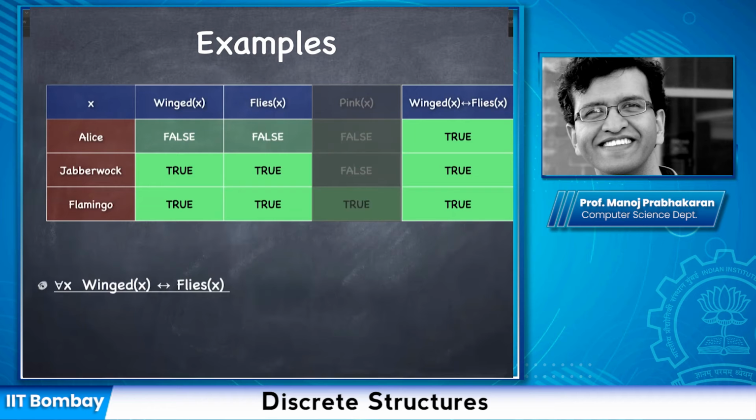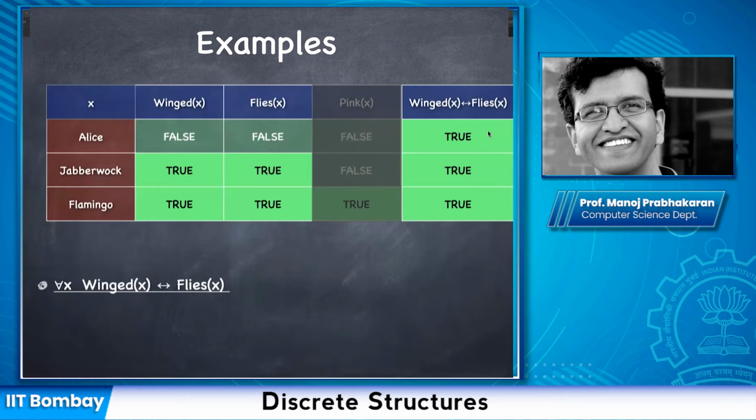And how did I fill in this table? In each row I took winged Alice if and only if flies Alice. Well, that says false if and only if false. And if you remember the if and only if operator, this evaluates to true. It's just saying false equals false.